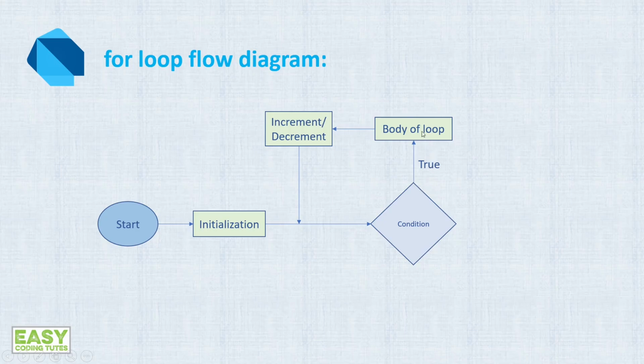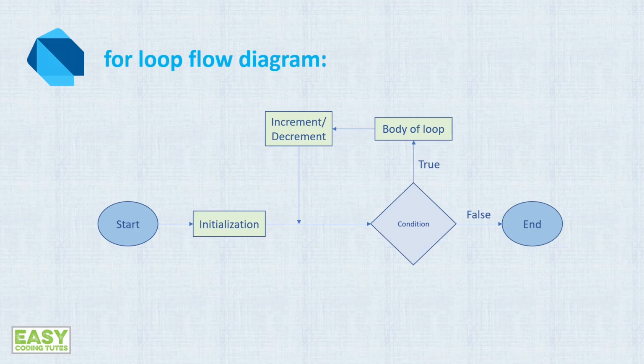Then again it will go inside the body of the loop, then go to the increment or decrement of the variable, and again come to the condition. So it will continue the loop until we get false for the condition. When we get false for the condition, then our program will be terminated.